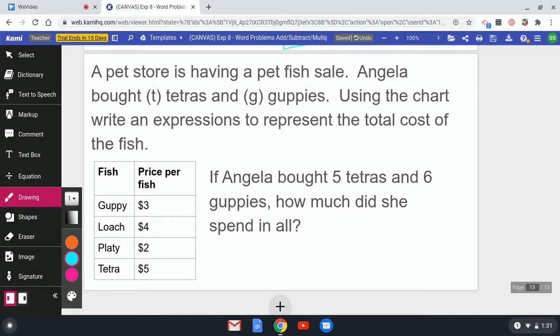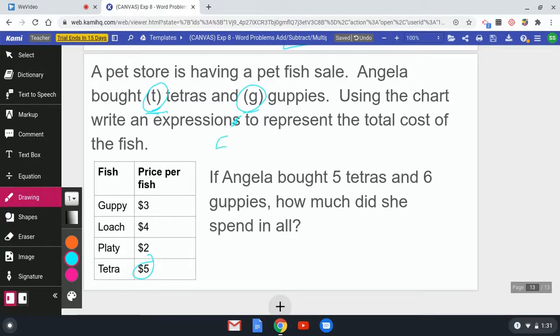A pet store is having a pet fish sale. Angela bought T tetras and G guppies. Using the chart, write an expression to represent the total cost of the fish. All right, well, we don't know how many tetras she bought, but do we know how much they cost?